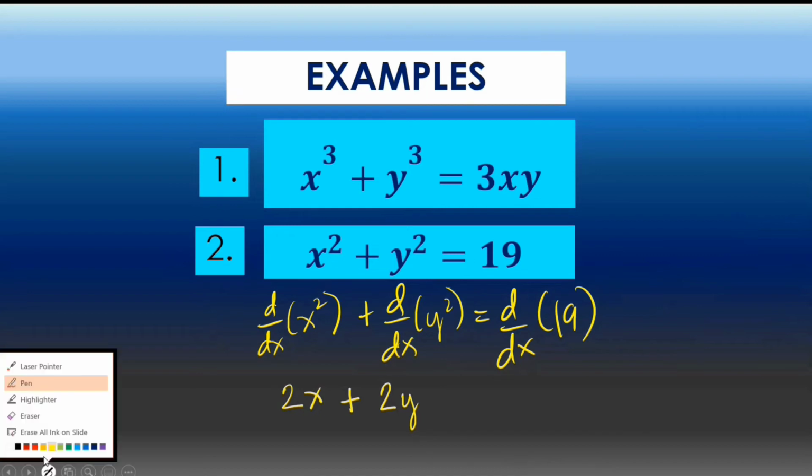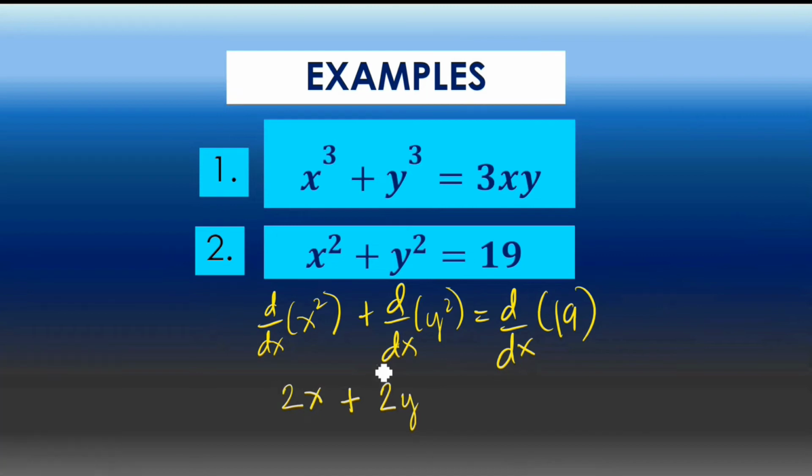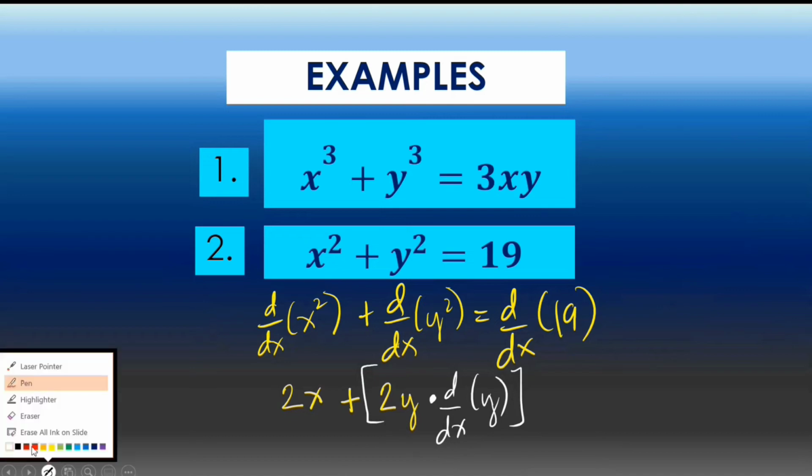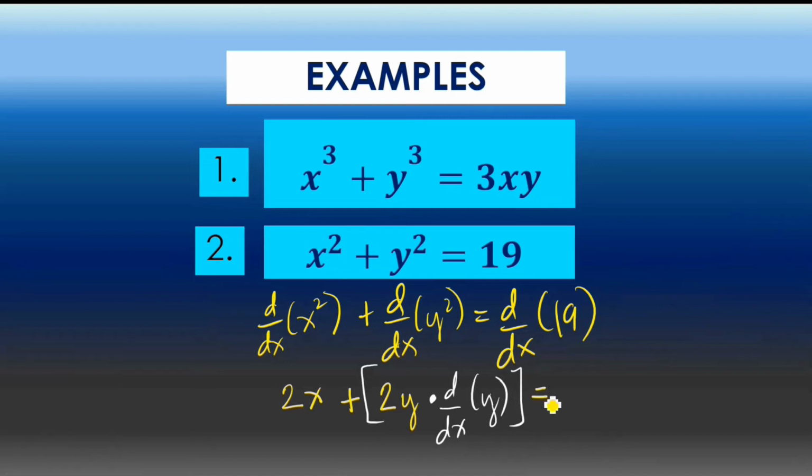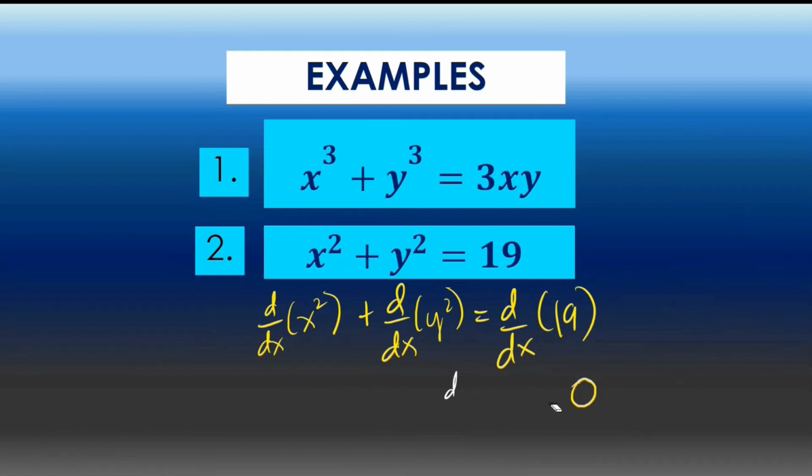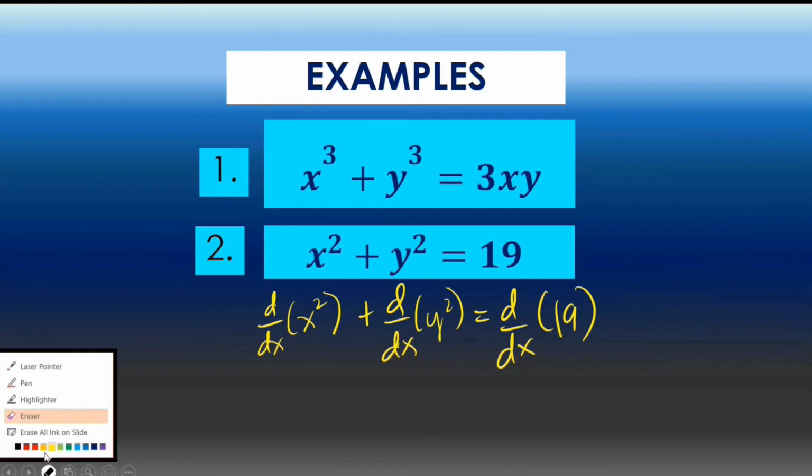And then do not forget that it should be what? By general power rule, we need to multiply it by the derivative of the base y. Then equals derivative of 19, so we have 0. Okay. I'll just rewrite it in a way that the equal signs are aligned.